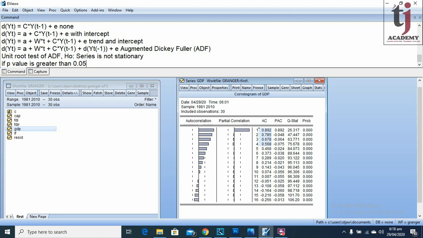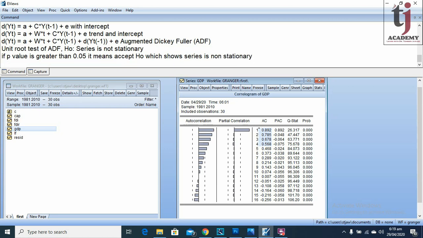This is the case when we consider the 5% level of significance. If the p value is greater than 0.05, it means accept H naught, which shows the series is non-stationary.